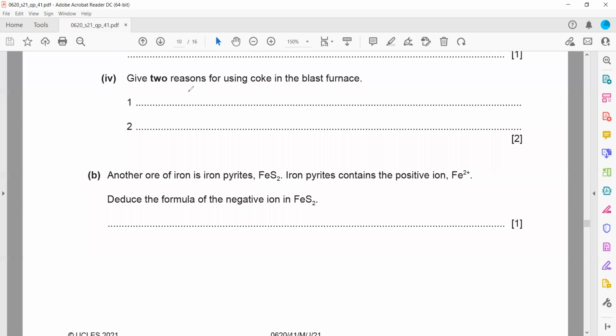So first, it is a source of heat. And the second thing, it is used as a reducing agent or to produce a reducing agent such as carbon monoxide.